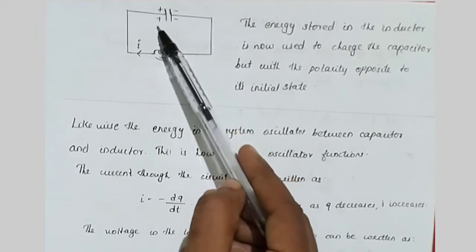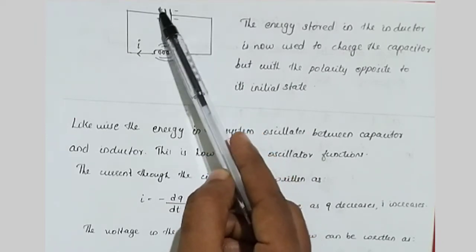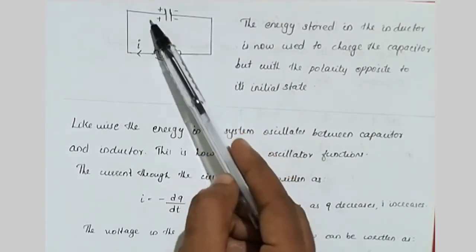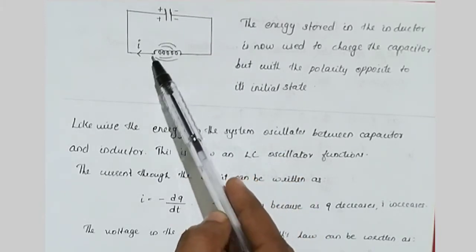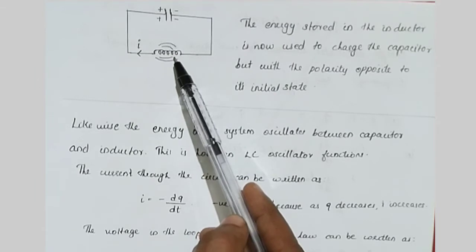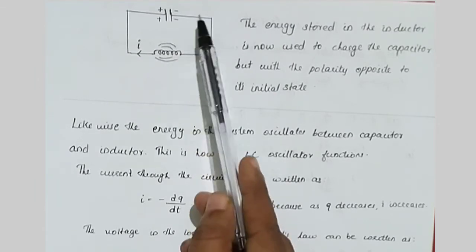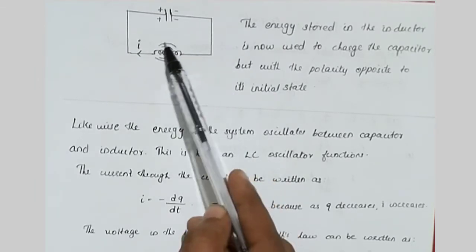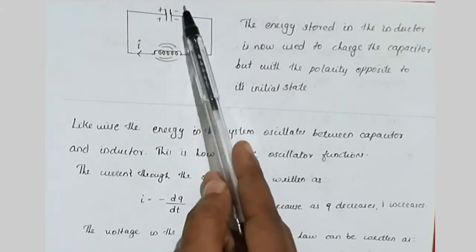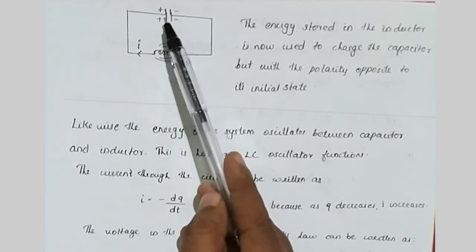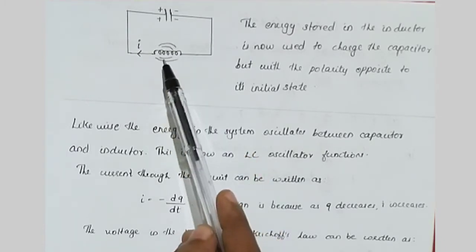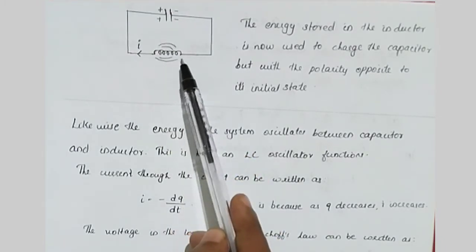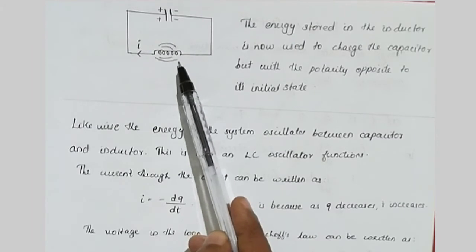So initially the maximum energy was at the capacitor, and the discharging of the capacitor caused a magnetic field around the inductor, and magnetic energy was stored in the inductor due to the discharging of the capacitor. Once the capacitor is completely discharged, there is no energy in the capacitor, whereas maximum magnetic energy is formed in the inductor due to the maximum current Im.